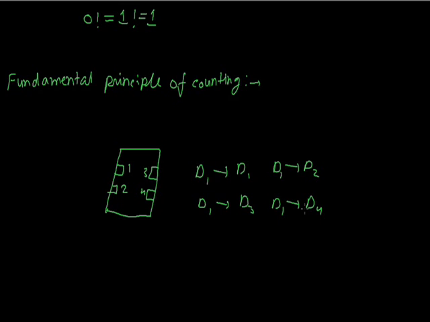Similarly, if he enters by door D2, then again there are 4 ways he can exit: D1, D2, D3 or D4. So the thief can enter and exit in 16 ways.